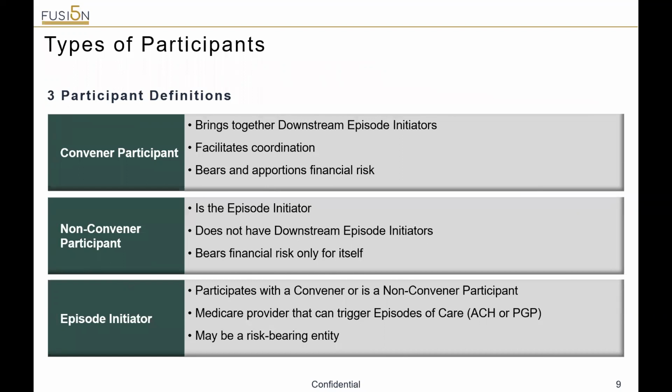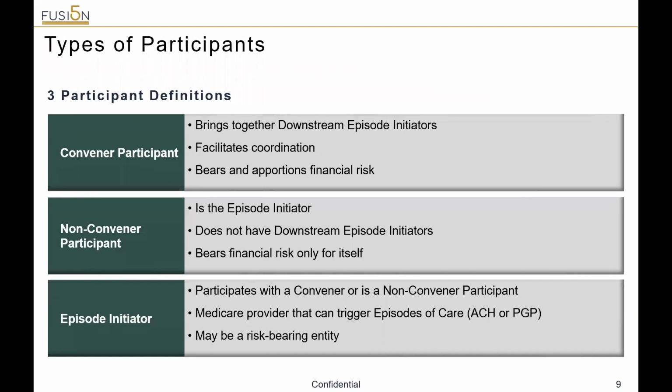And so for those of you that know us well, Fusion 5 has many physician group practices or PGPs and a selection of hospitals, ACHs, or hospital systems that are part of our portfolio of episode initiators or clients. You can be a non-convener participant in which you yourself are the episode initiator.